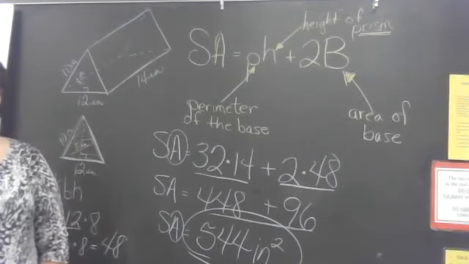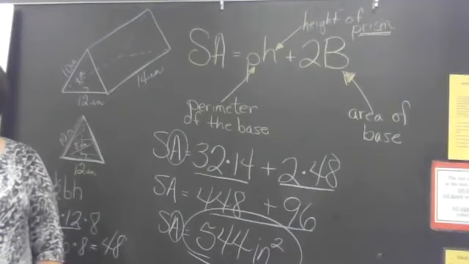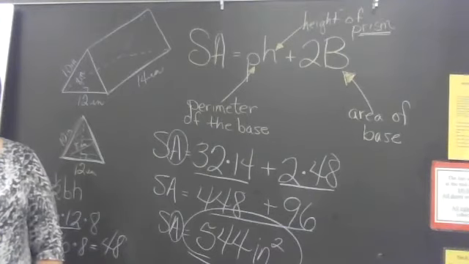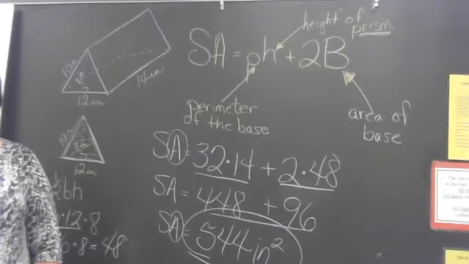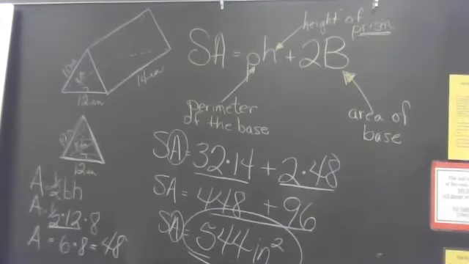Doesn't it say there somewhere the p is the perimeter of the base? Yes. The little p is the perimeter of the base, and the area of the base is capital B, is what they're telling you.